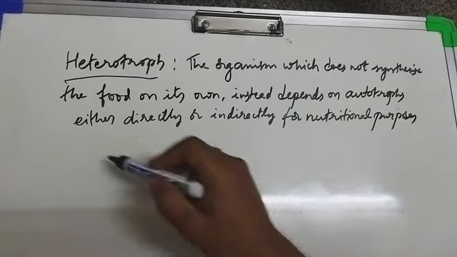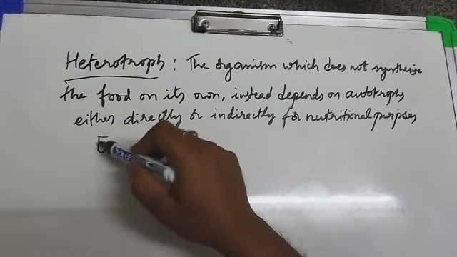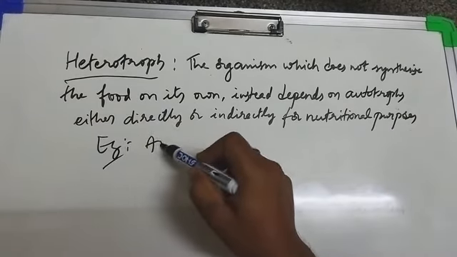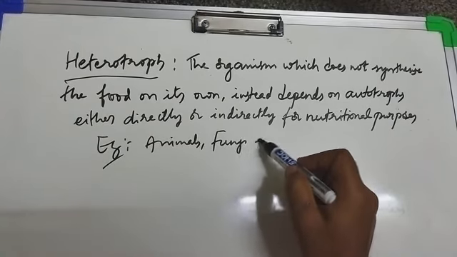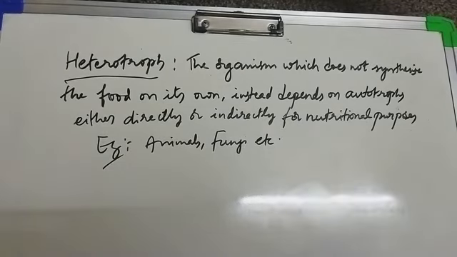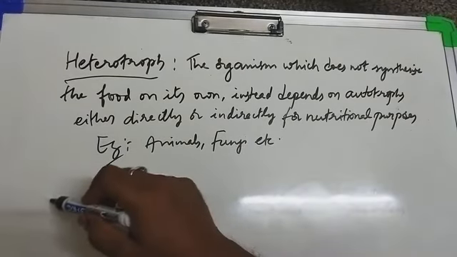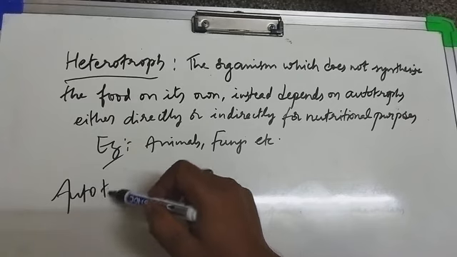Examples for heterotrophs are animals, fungi, etc. And what is an autotroph?